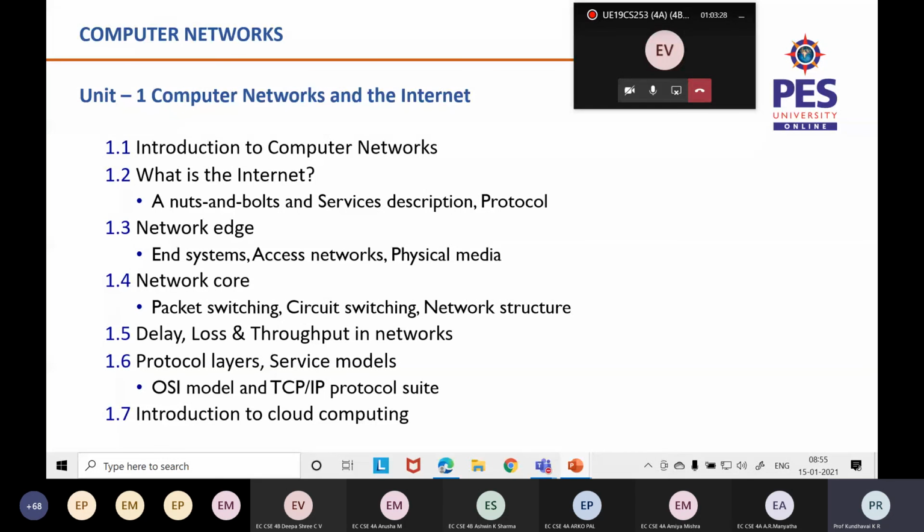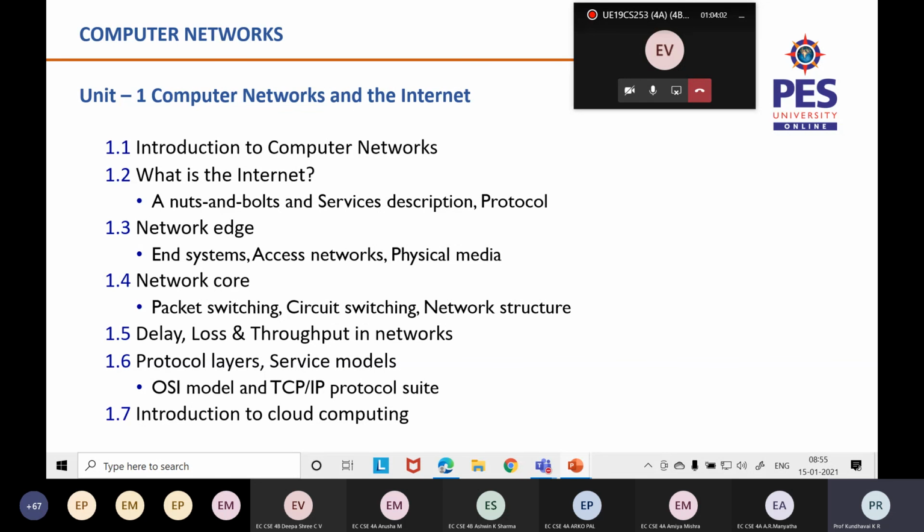In the third hour class, I will be starting with 1.4, which is the network core. The first topic I will be dealing with is packet switching. So here is where your core concept starts. So far, what we saw is just what is required to build a network, or for availing internet access, or what components are in between.